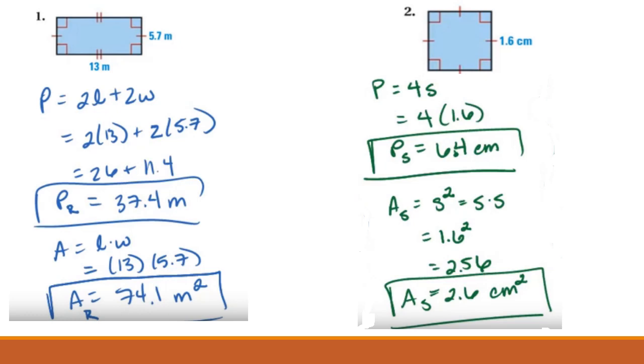How I will multiply 2 by 5.7? 2 multiply 7, 14, 4 up 1, 2 multiply 5, 10, plus 1, 11. So the answer 11.4. Now 26 plus 11.4 equal 37.4.